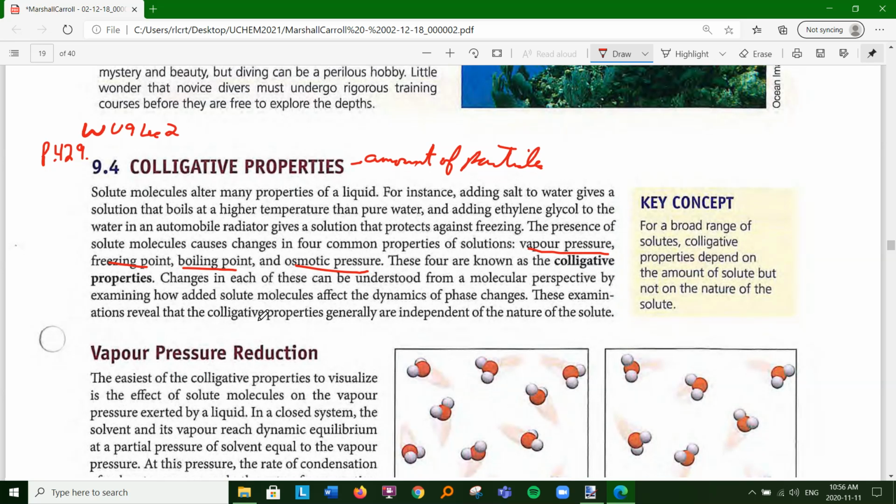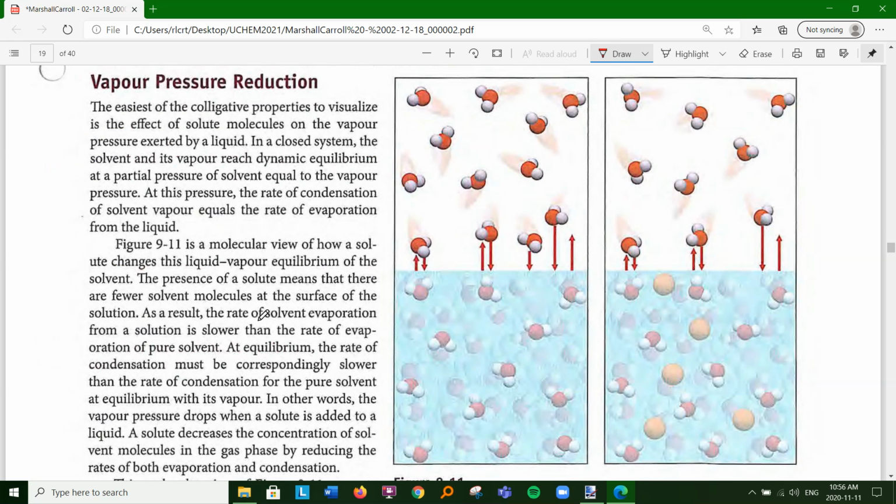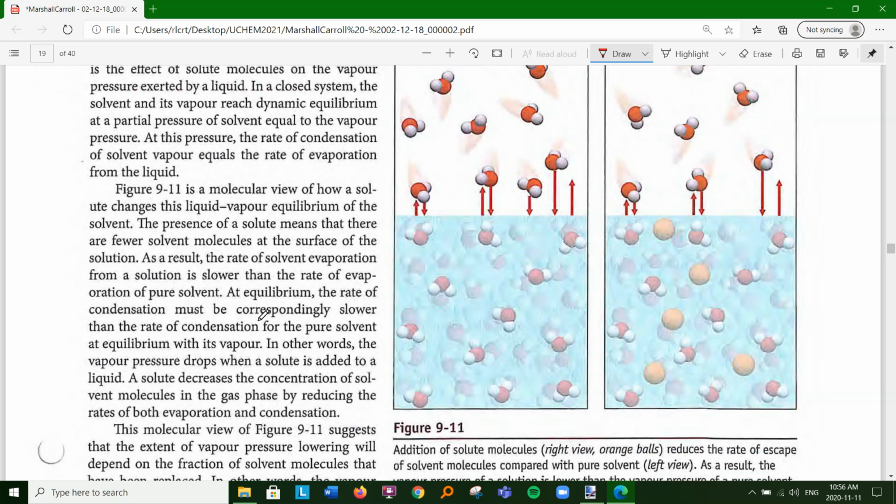So I'm going to scroll down here, and I see a dynamic equilibrium on the left, which involves a solvent and a solute. Let's say it's water, because that certainly looks like water, doesn't it? So on the left-hand side, we have liquid water, and above it, we have water vapor, and there's a dynamic equilibrium between them.